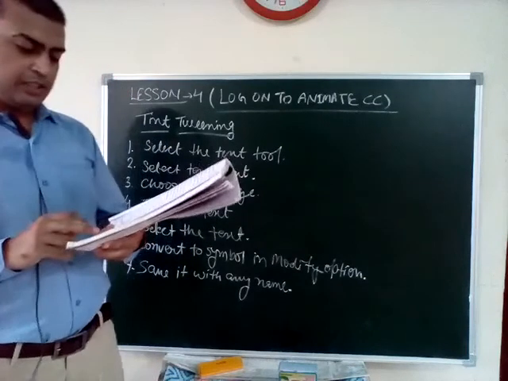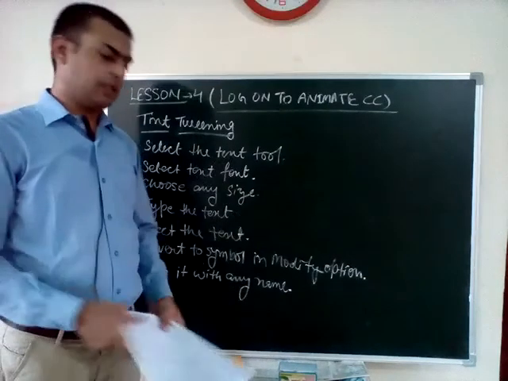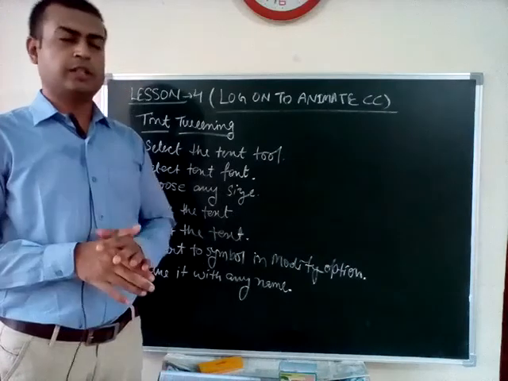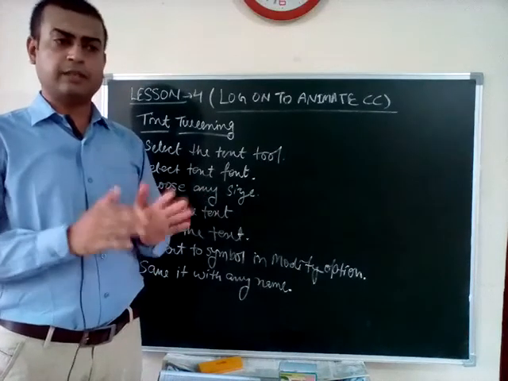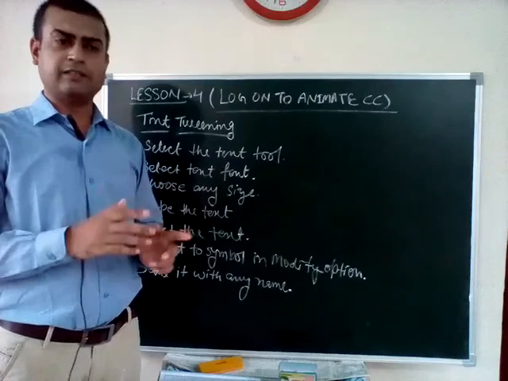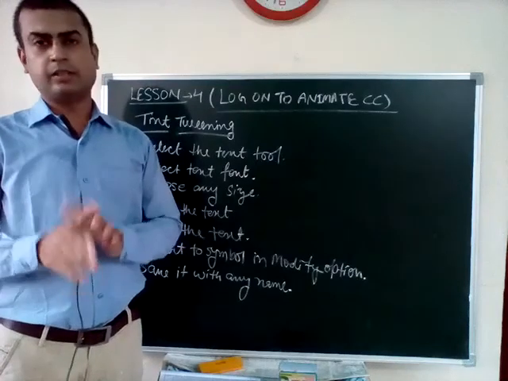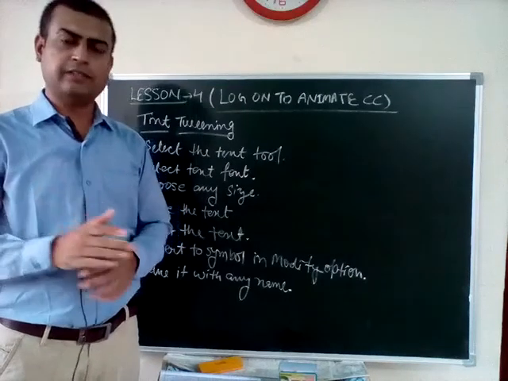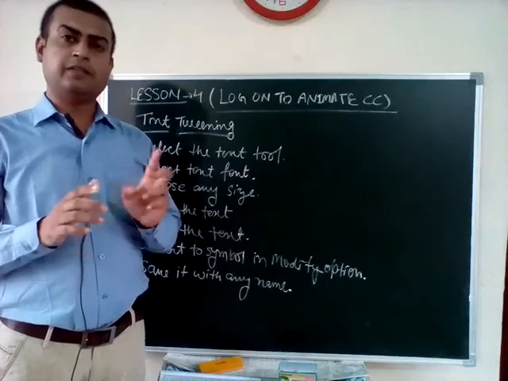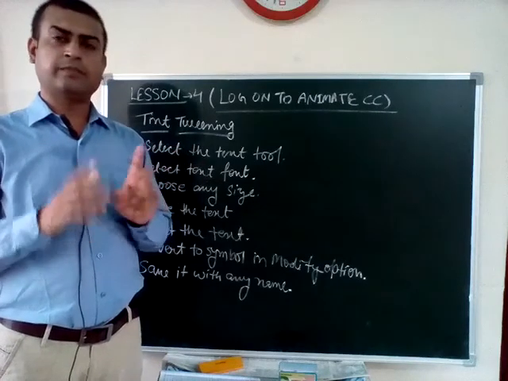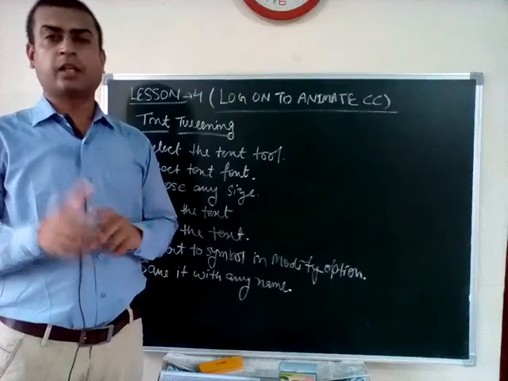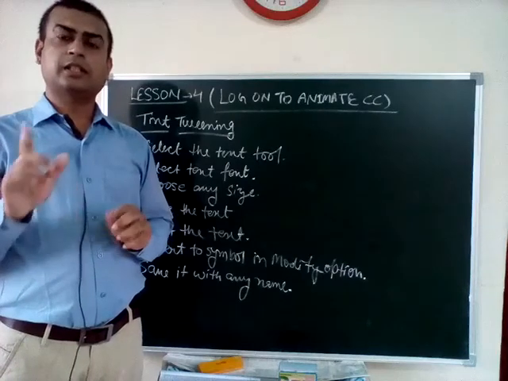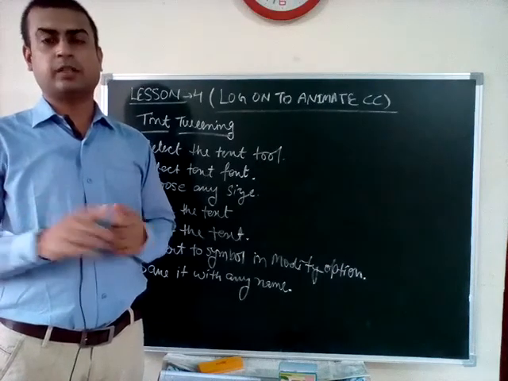Then do the same process at 10 and 20 also. Come back to the 10th frame, right click, insert keyframe, then on 20 also insert one keyframe, and in between 1 to 10, 10 to 20, 20 to 30, you have to insert the tint tweening option.